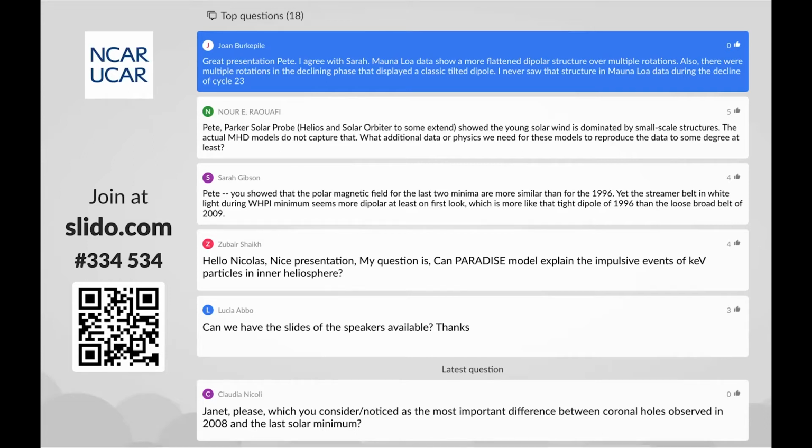And the axisymmetric part just hangs around for much longer. So I think the difference in the flatness of the streamer belt and parameters like that has to do with when the last significant active regions were present, and how long they had to decay.